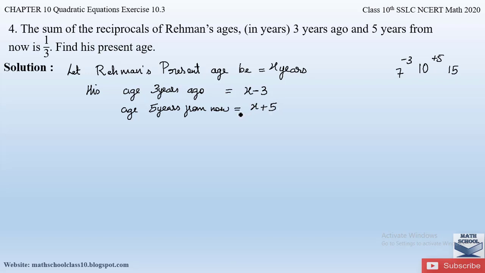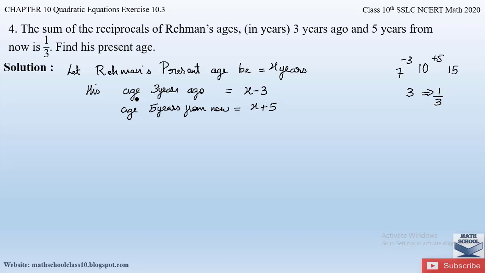Now we have to take the sum of the reciprocals of Rahman's ages. How do we take the reciprocal? For example, if you take the number 3, the reciprocal of 3 is 1 by 3. We just have to invert the number.